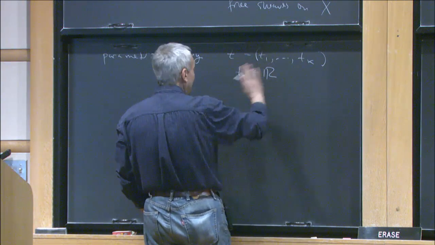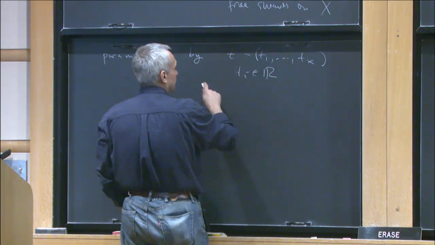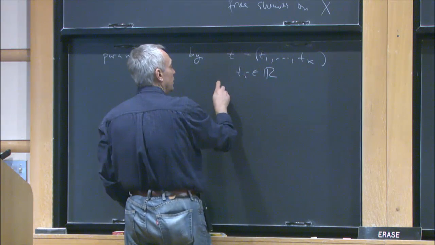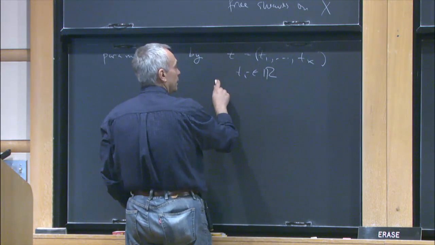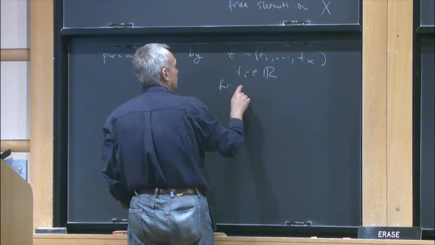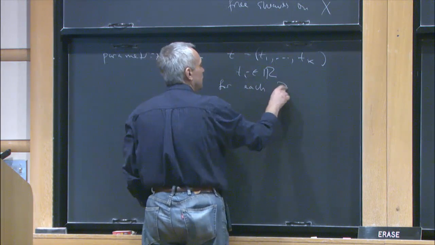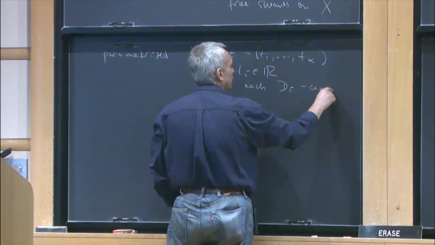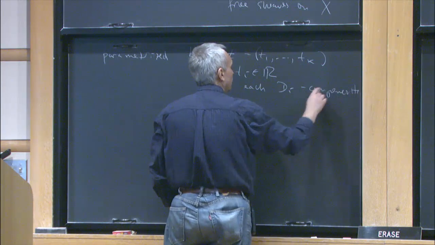Non-negative or no? Arbitrary real numbers. So this is T_i for each D_i component of D.